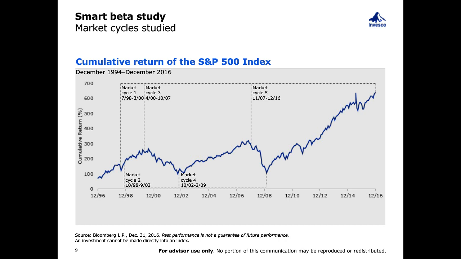From this data, we were able to measure the outperformance of smart beta strategies in terms of excess returns, outperformance over the benchmark, downside capture, how smart beta strategies performed in relation to a falling benchmark, and risk-adjusted returns, the amount of risk involved to generate the return.